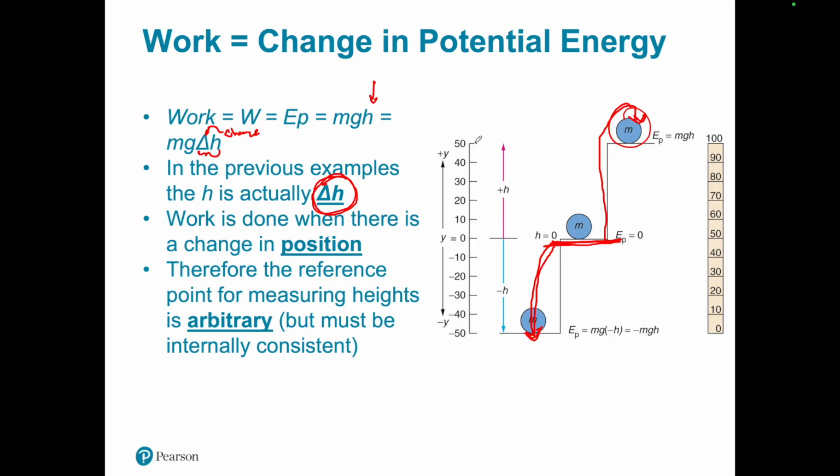Because from up here, the 50 to the 0 feet is still 50 feet. But then from the 0 feet to the negative 50 feet, which is when you dug the hole, it's also 50 feet. And so when you put in 50 here as the change in height, the potential energy is still the same. You can think about it like this.